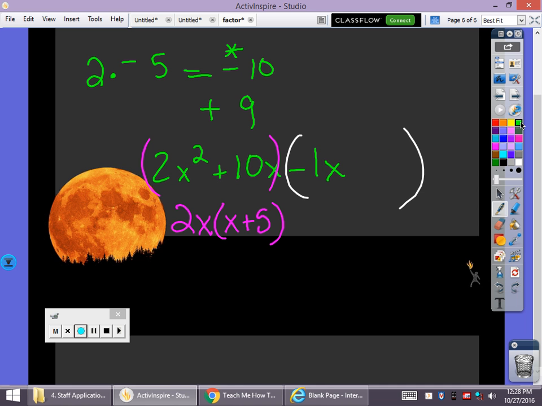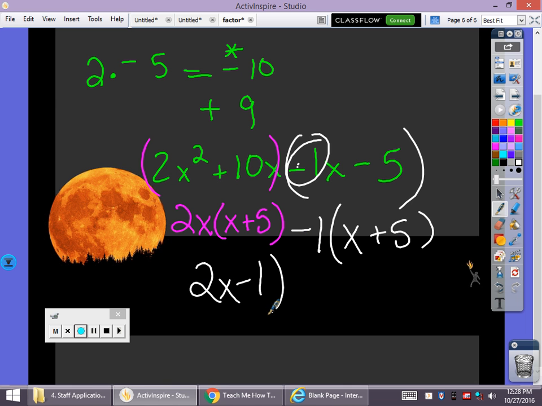What do they have in common? A negative 1. Always bring this sign down. So x plus 5. If you ended up with a plus 5 and a negative 5, then put the negative out here and it should flip it for you. So I have 2x minus 1 times what?